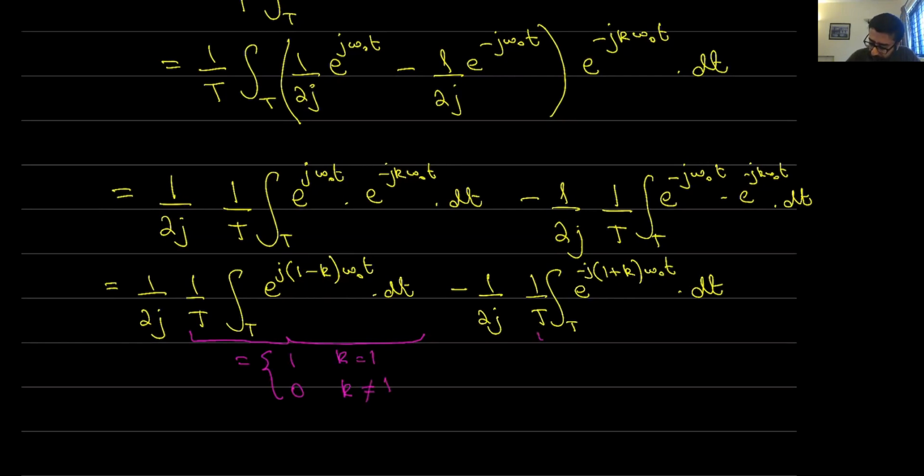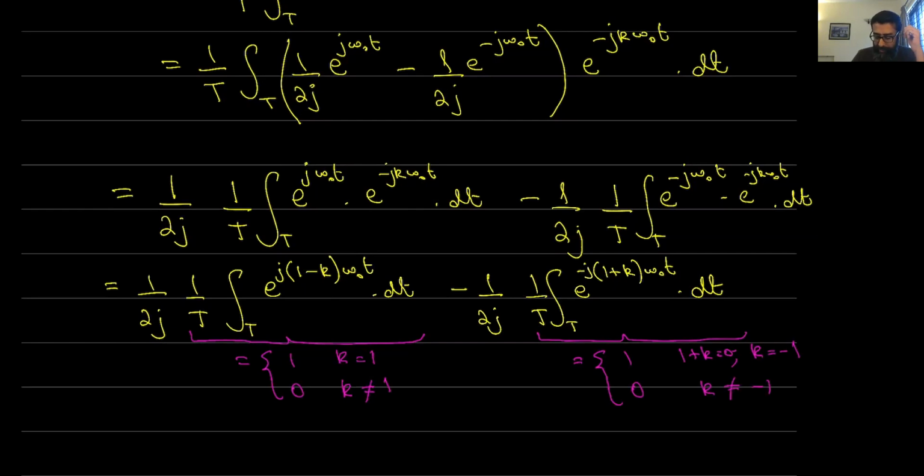Similarly, as far as this integral is concerned, this is going to be equal to 1 only when 1 plus k equals 0, which implies that k equals minus 1, and is 0 whenever k is not equal to minus 1, right?